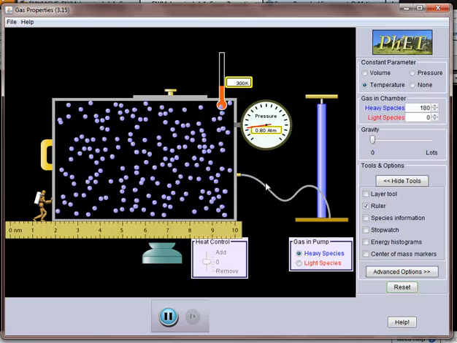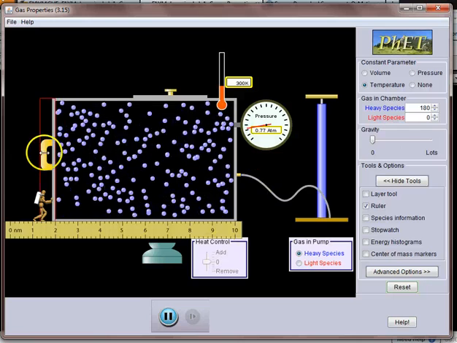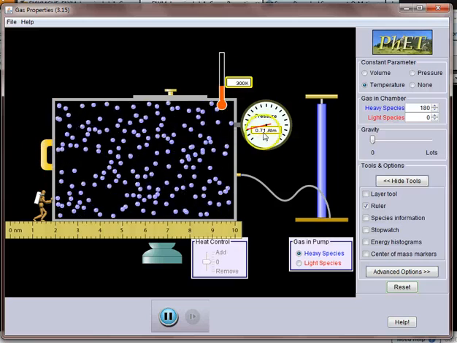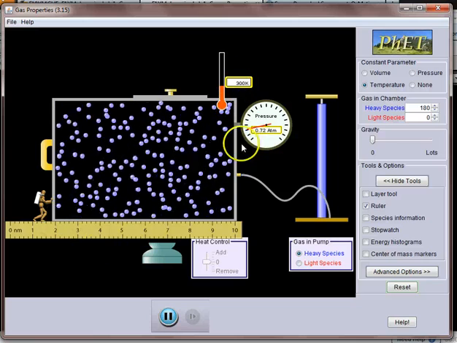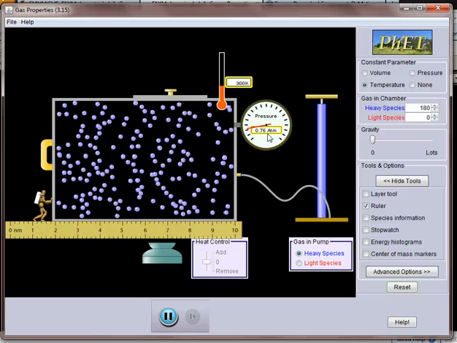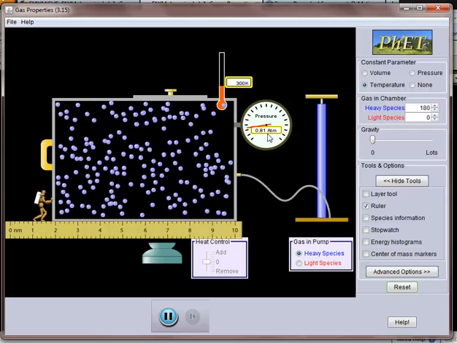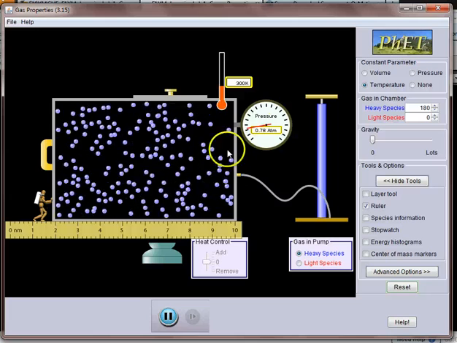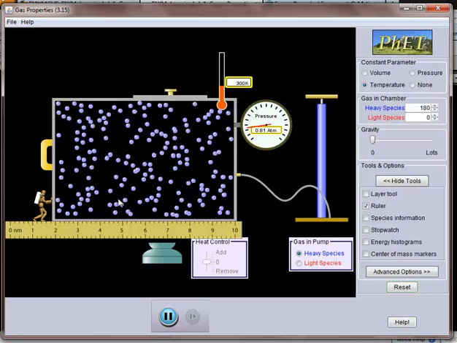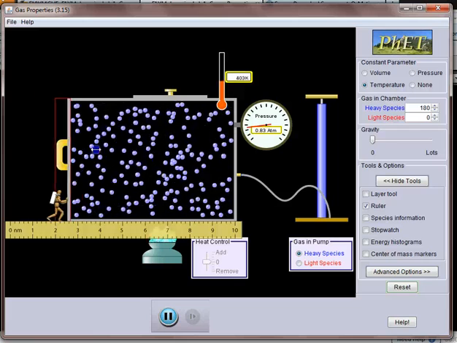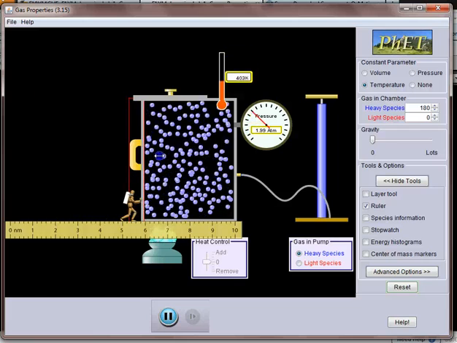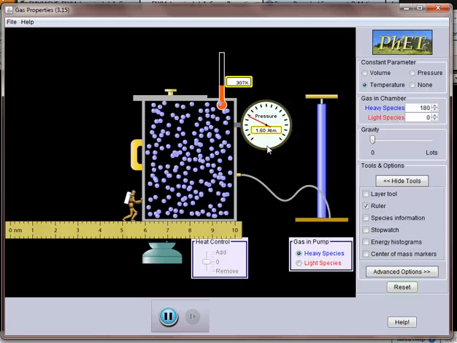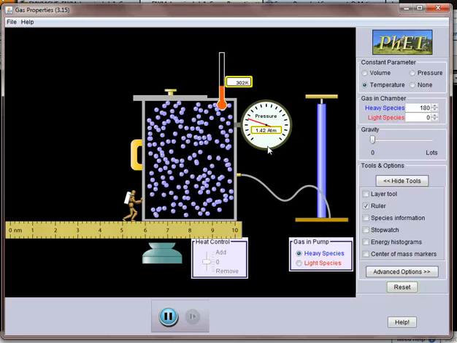If you take the product of pressure and volume at this point, 2 times 0.75, and if you take the product of volume and pressure at the other point, you will see that both products are constant.